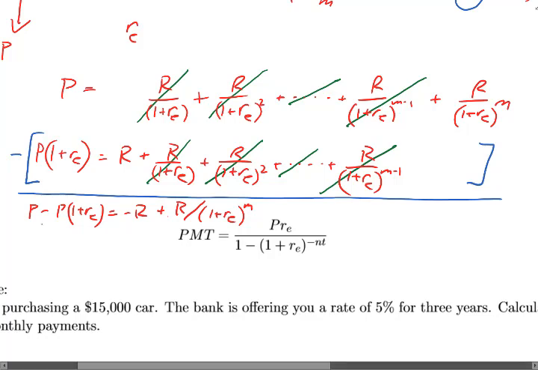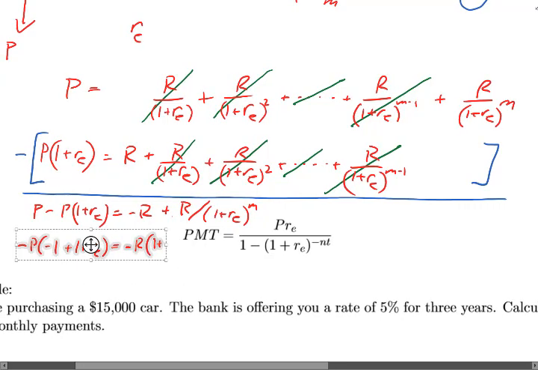Alright, so now we're going to factor a negative P and a negative R out of each of these statements. Let me move this down.